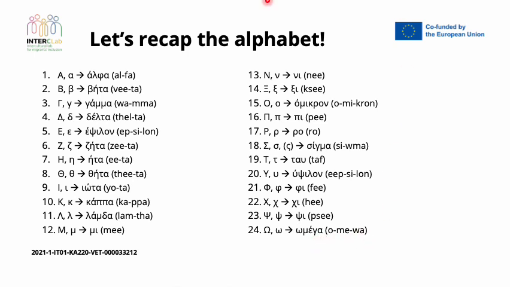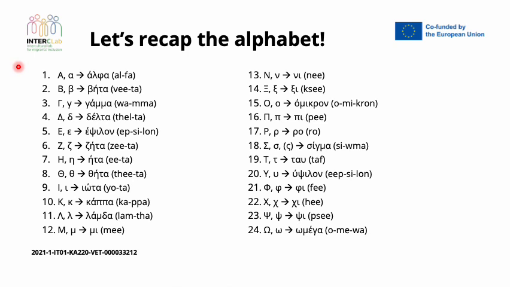Now let's try tying it all together. It's good if you repeat the alphabet as many times as you can and try to write down and pronounce each letter separately. The faster you can distinguish the Greek letters from one another, the faster you will learn to write it and understand and communicate using it. So let's go through the alphabet together.